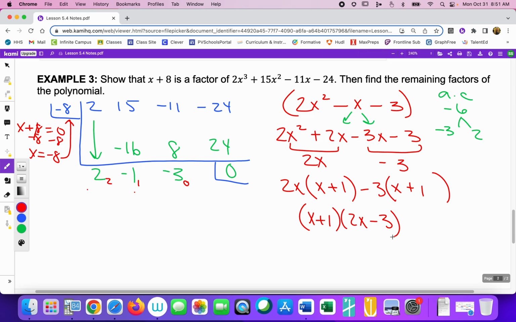So this whole polynomial, there's no shortcut to it, so sometimes you have to use this to get there, would factor into that additional x plus 8 with it. So these are your 3 factors. This is the one you started with, these are the other 2. So we technically divided it out to get the 2x squared minus x minus 3. Because this is not a special type.